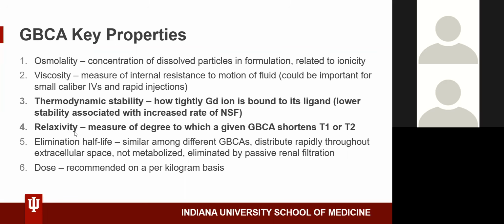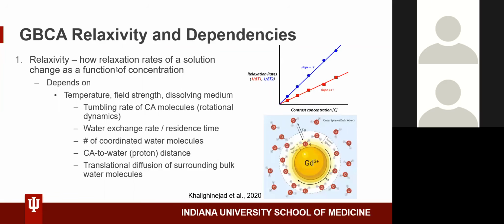And then relaxivity, which is a measure of the degree to which a given GBCA shortens T1 or T2. So we talked about relaxivity a little bit already, which again is just referring to how the relaxation rates of a solution change as a function of the gadolinium concentration.